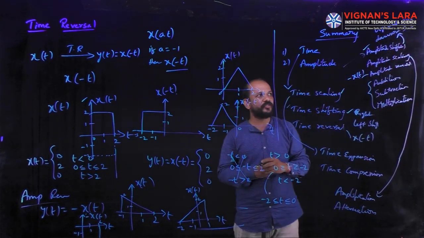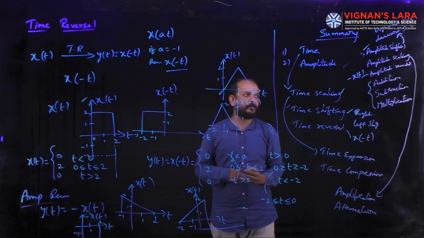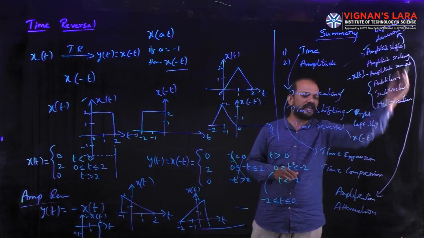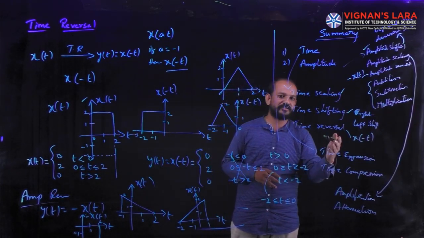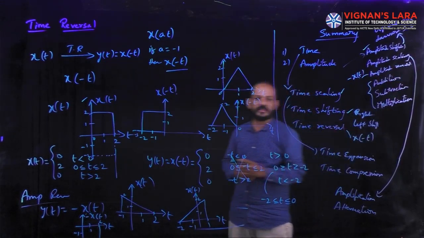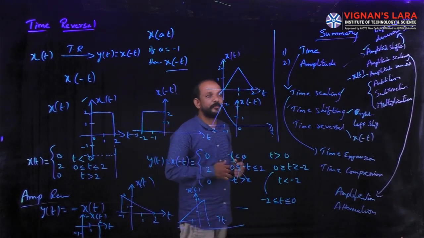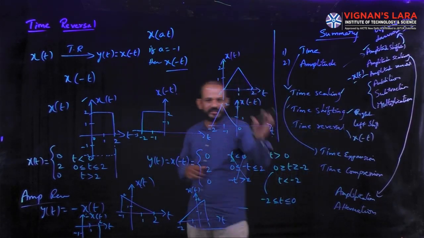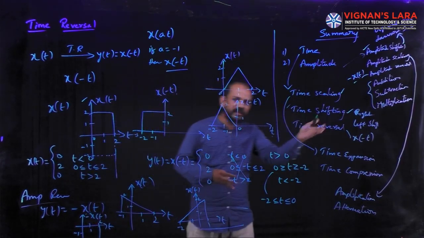Then time scaling, that is time expansion and time compression. After that amplitude scaling, amplification and attenuation, time reversal, that is x of t becomes x of minus t, and finally amplitude reversal, where x of t becomes minus x of t. So this is the expression of operations on signals with respect to the continuous time signal x of t.